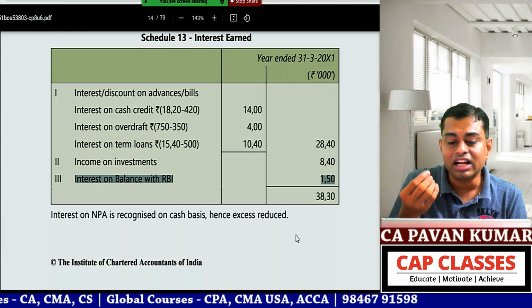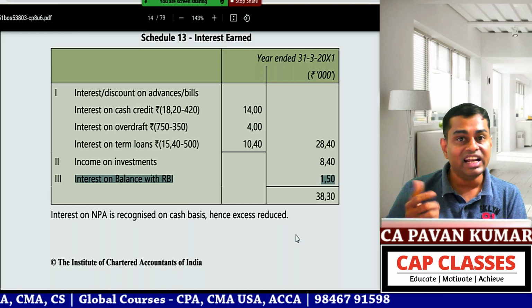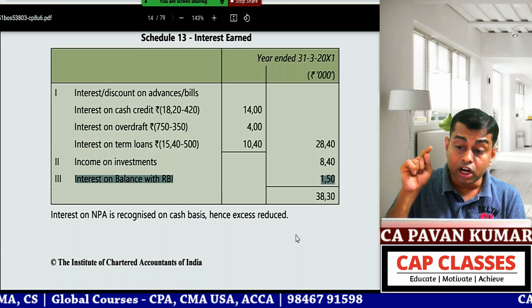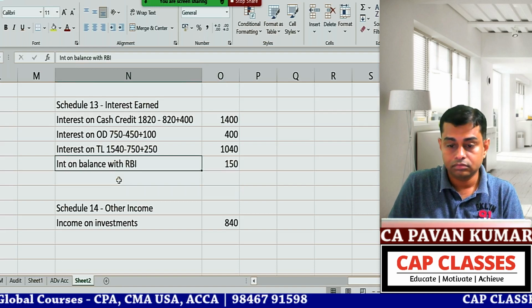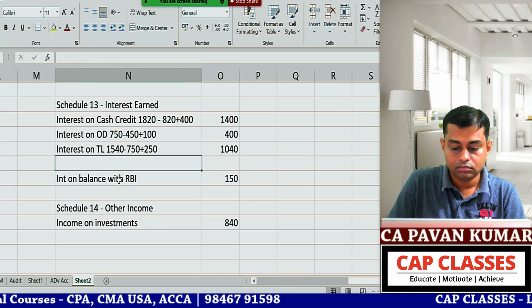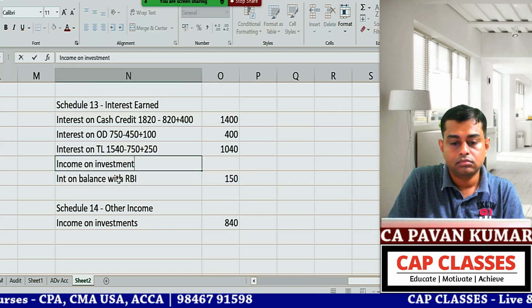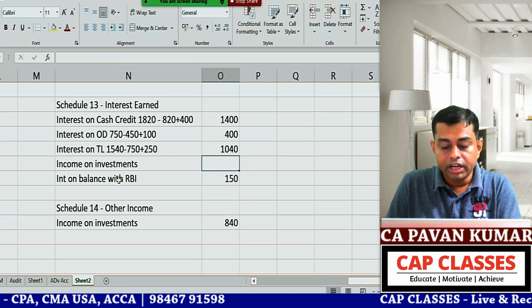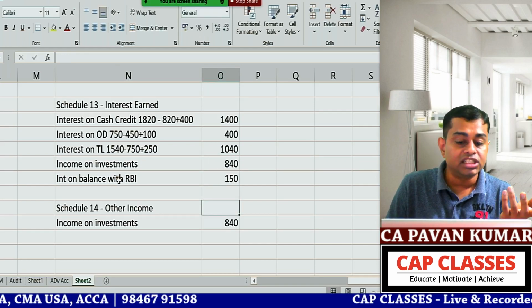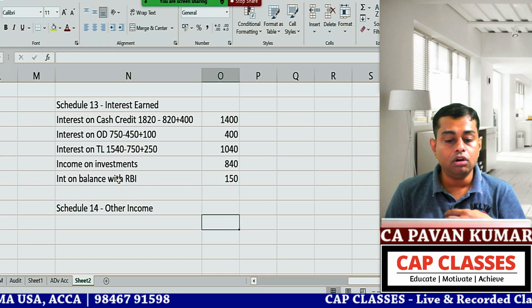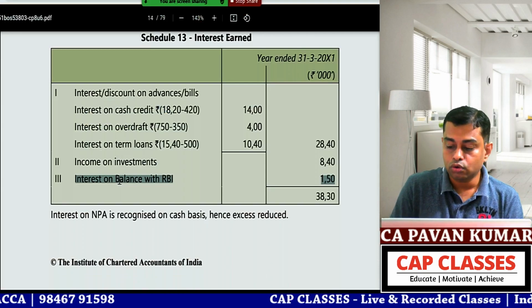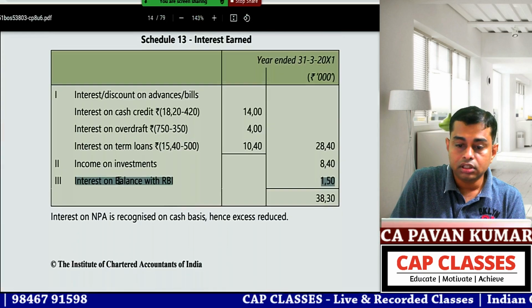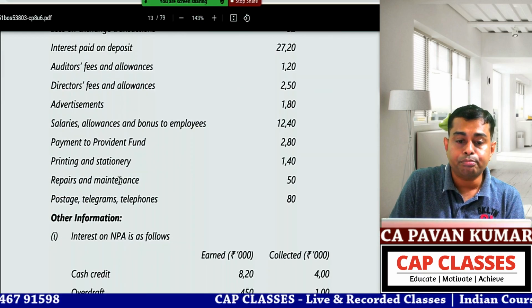Income on investments can be dividends or anything, so they have taken it in 13 only. It is also their principal revenue generating business, their main income. So that's all. Now go back to the problem.